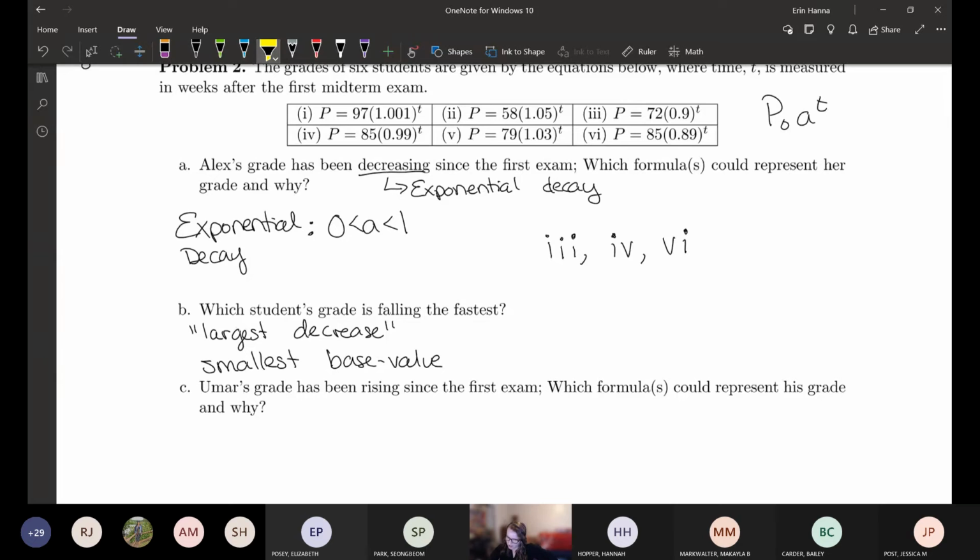Well, the smallest base is the 0.89. So the smallest base would be the largest decrease, if you will. Essentially, the smaller the base, the more it's decreasing by each time. So if we want the thing that's falling the fastest, we want it to decrease more over time, and the smaller the a value, the more it decreases.